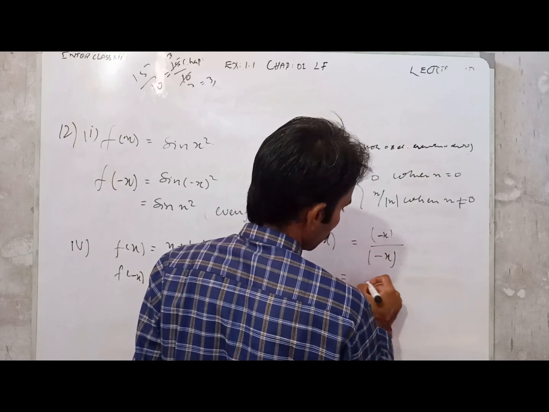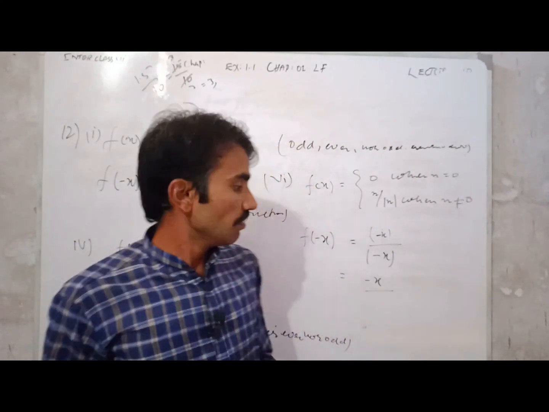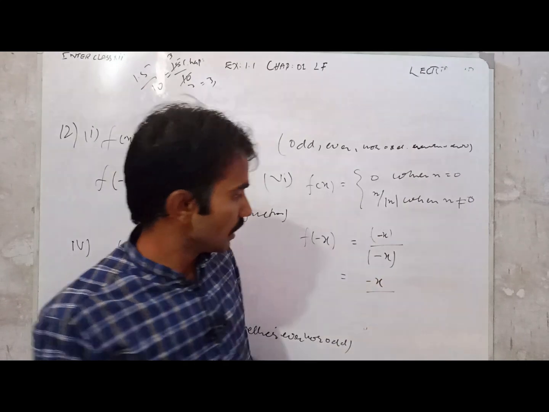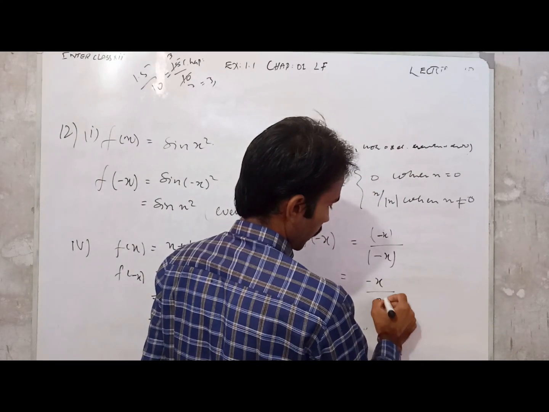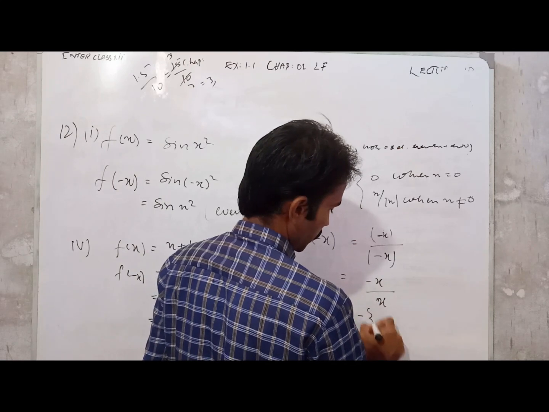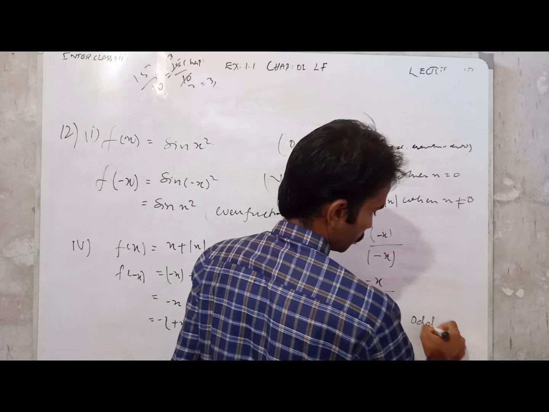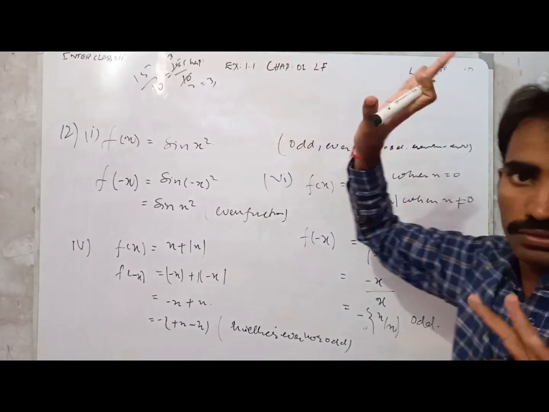We will get the minus x, and any negative term we take out of the mod, then we will get the positive. So we will get x divided by x. It is an odd function. So this is all about exercise 1.1.